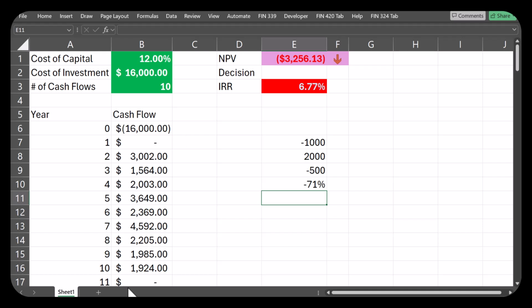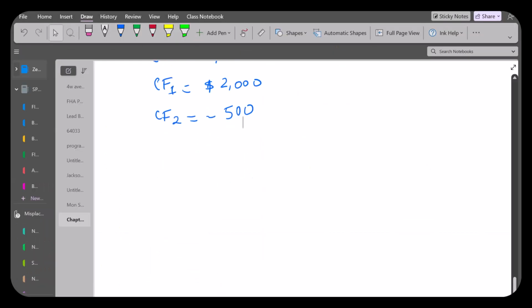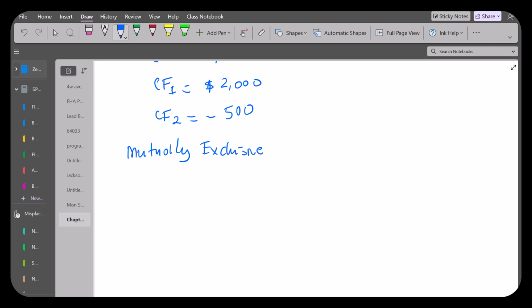Now, IRR also becomes more of an issue if projects are mutually exclusive. Again, the decision rule is simple.